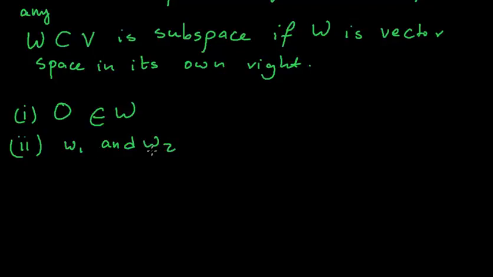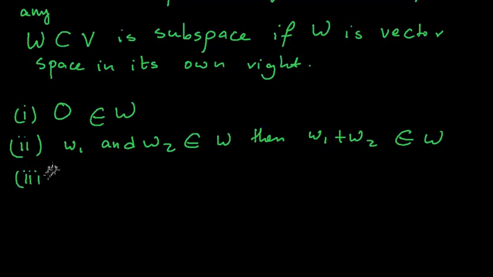If these two are members of W, then the sum of these two also should be a member of W. This is, the sum of vectors is also a vector, and this should be in W. We don't need to check all the 8 or 9 properties. If we check 3 properties and we know that W is a subset of some vector space, then we are done.